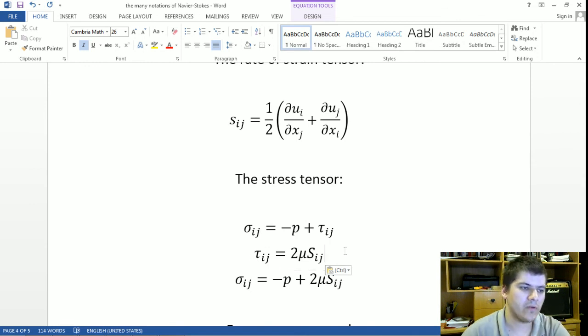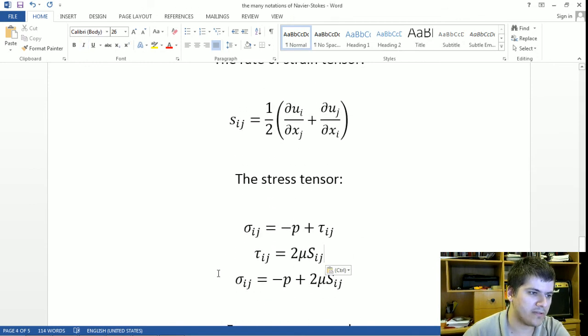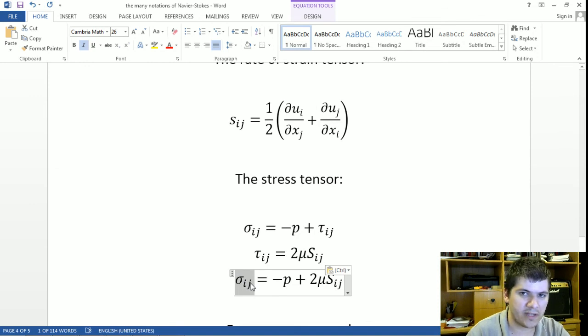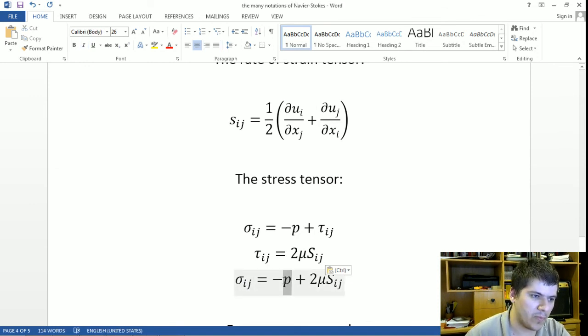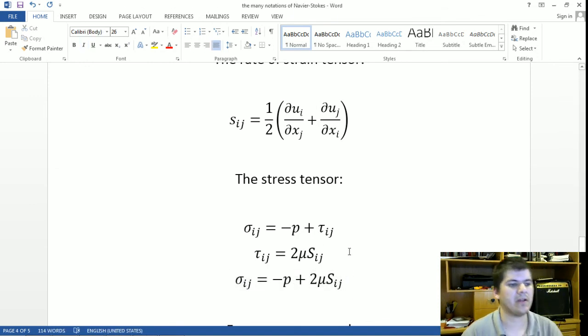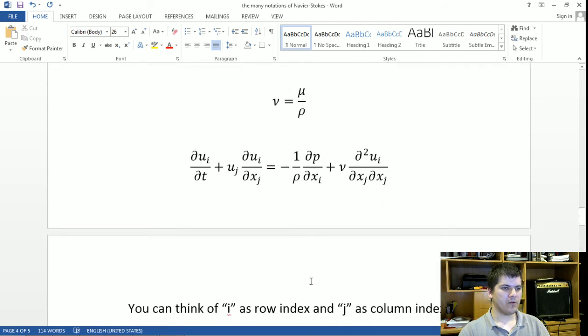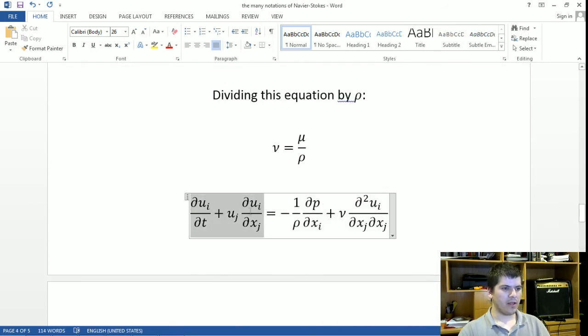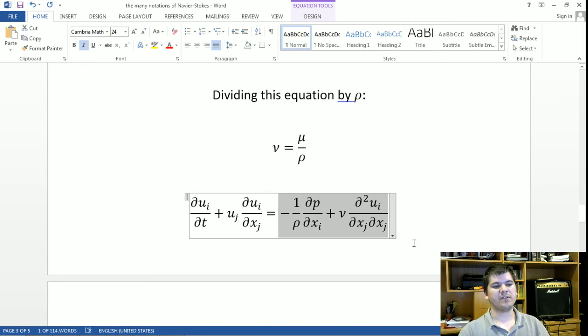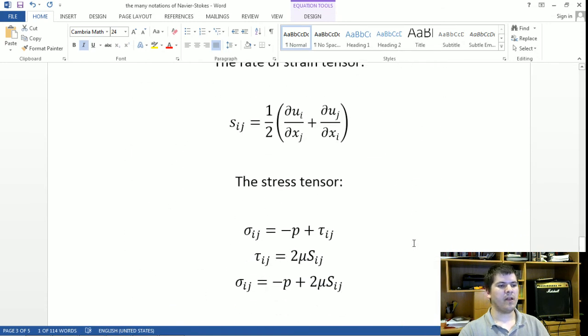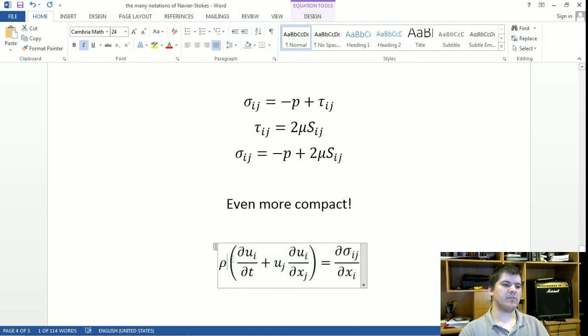Okay, so using this we can write the total stress tensor on a fluid as the pressure plus the viscous stress according to Newton's law of viscosity. Okay, so here is the Navier-Stokes equation, here is the divergence of the stress tensor, and now we can write Navier-Stokes in an even more compact form, which looks like this.